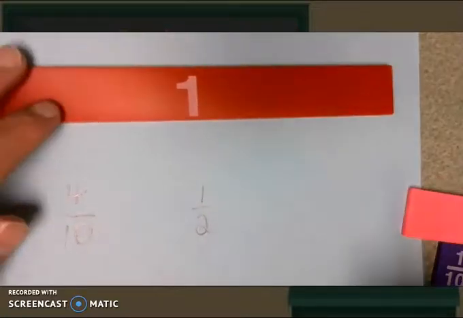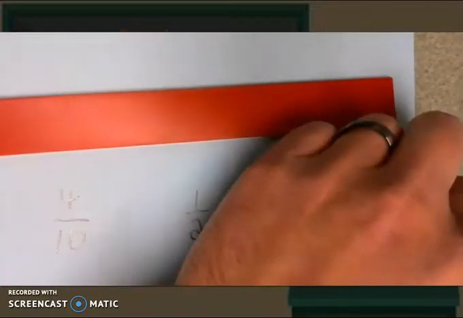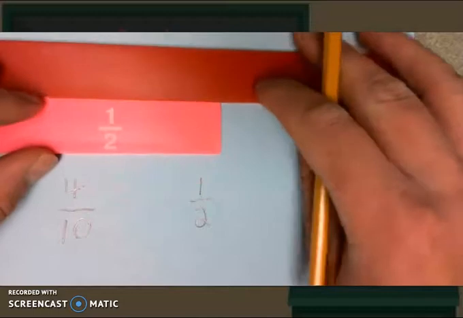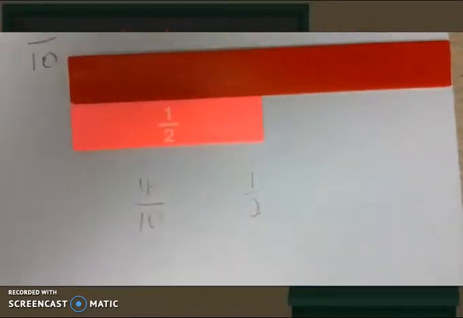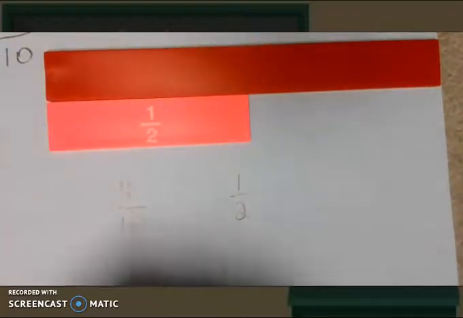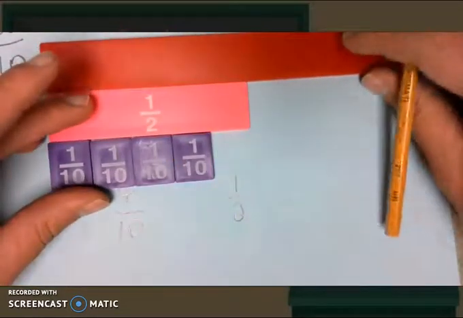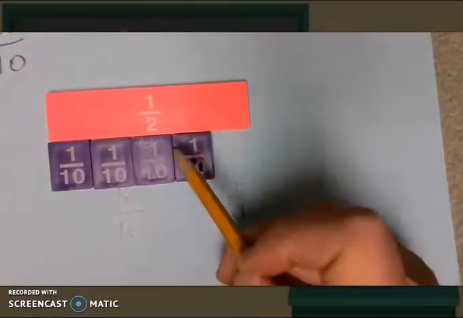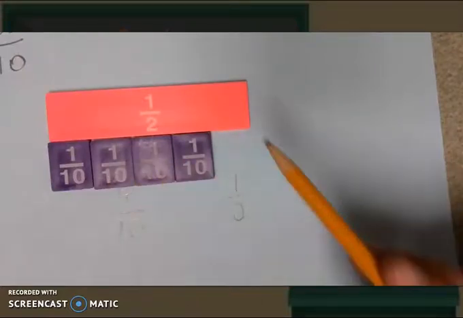No, let's pretend we have one chocolate bar, and we're going to break it up in half, or 1/2. So there's the 1/2. Or we could split it up into 4/10. Which one's bigger? The half, 1/2, or the 4/10? 1, 2, 3, 4/10. Yeah, the half.